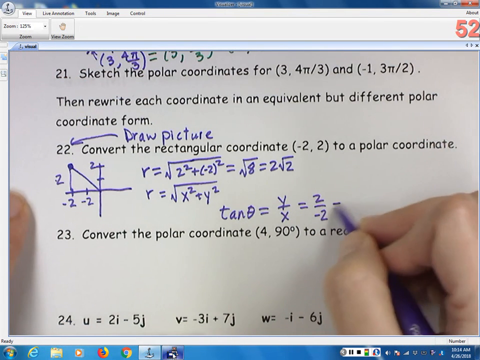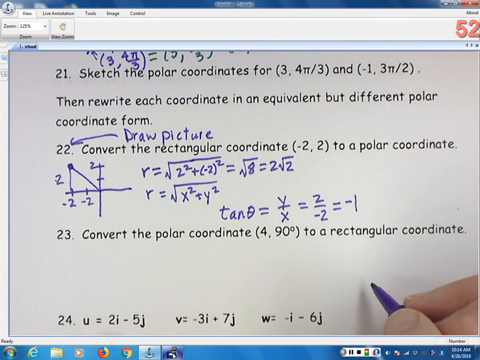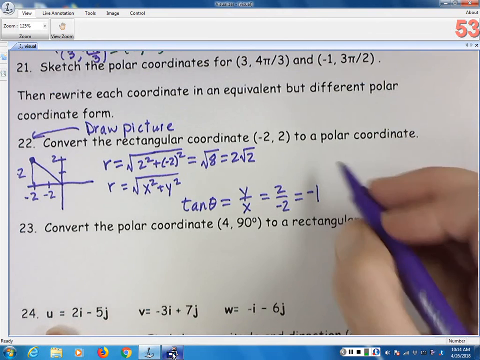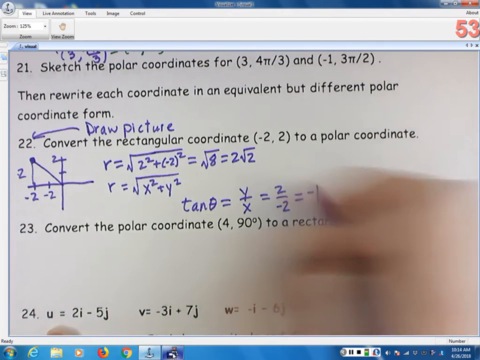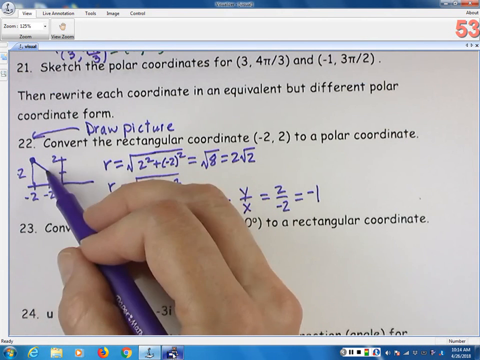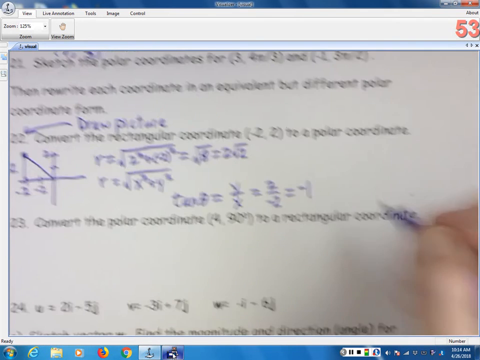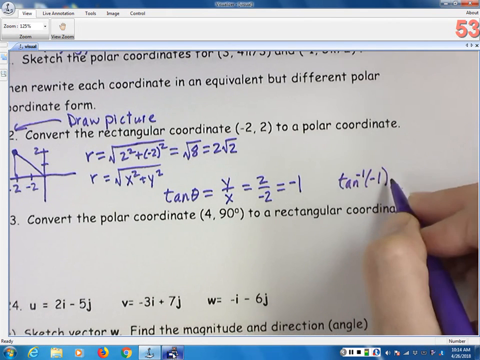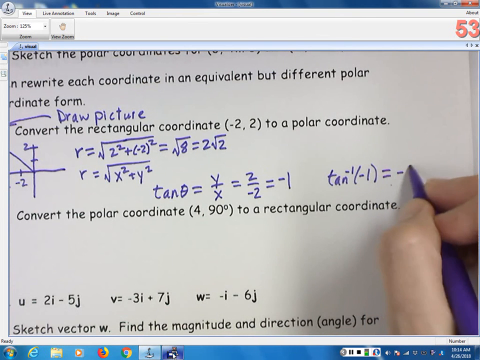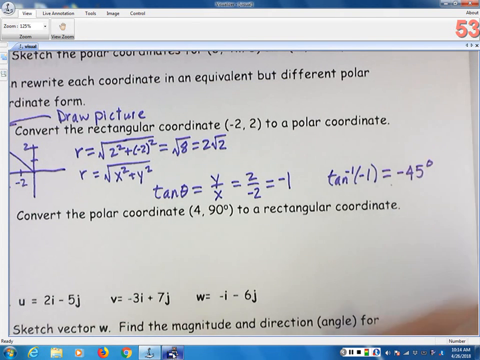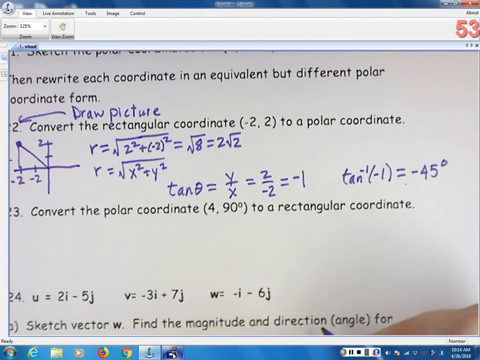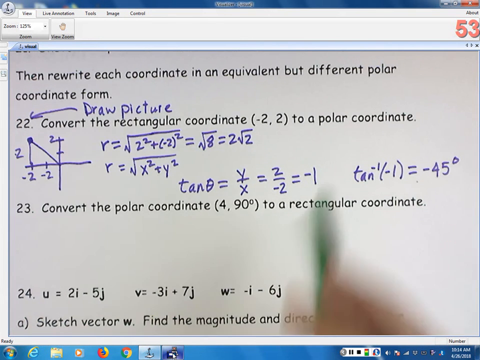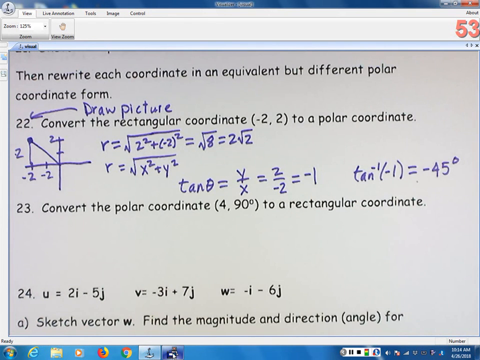So that's negative 1. And look on your unit circle, where's that? If we do tangent inverse of negative 1, we get negative 45 degrees, but that's not the right quadrant. Remember, there are many polar coordinates that work.